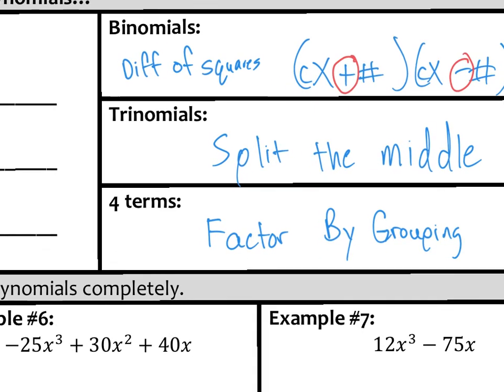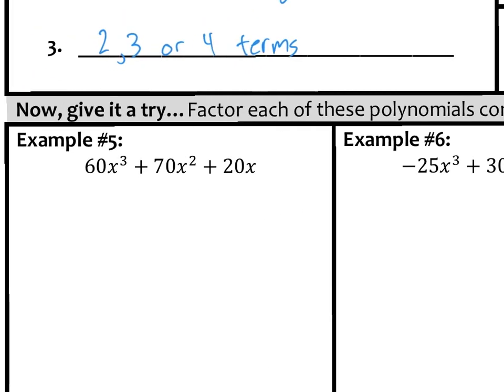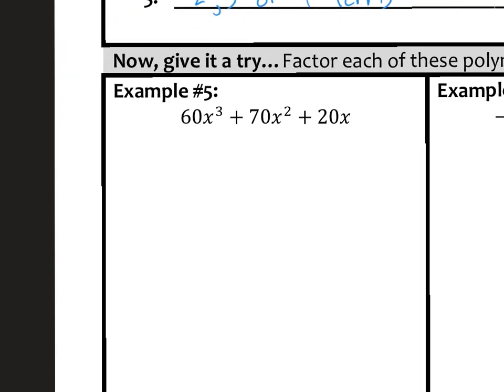Okay, moving on, let's look at example 5. First off, I want to do the greatest common factor. 60, 70, and 20, those can all be divided by 10. These also all have an x value. So I have a common factor of 10x.